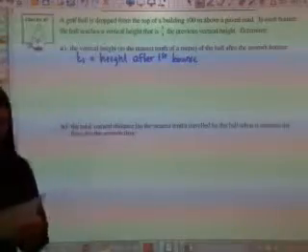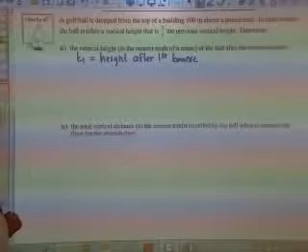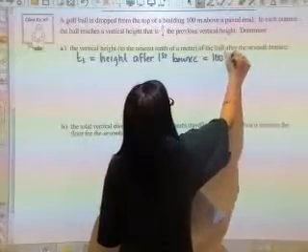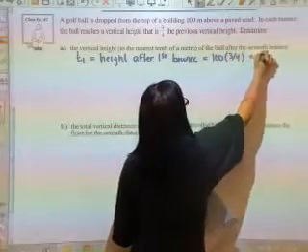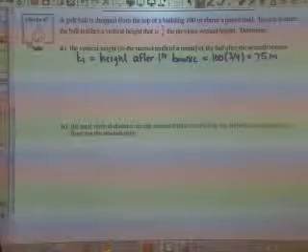So what would be the height after the first bounce? 75 meters. 100 meters times 3/4. So that would be the height after the first bounce.